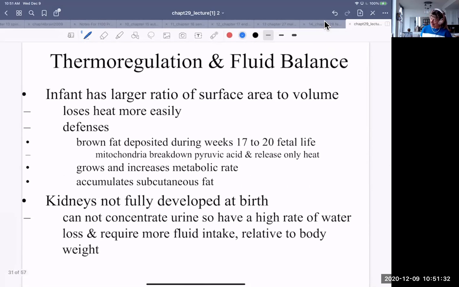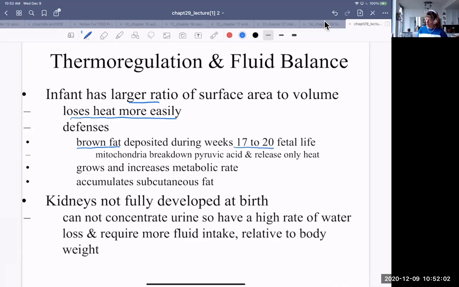Thermoregulation and fluid balance. An infant has a larger ratio of surface area to volume. So anything that's small has a large surface area relative to volume, and heat is lost through the surface area. And so an infant loses heat more easily, but there are defenses. There is an abundance of what's called brown fat, and that's deposited during week 17 to 20 in fetal life.